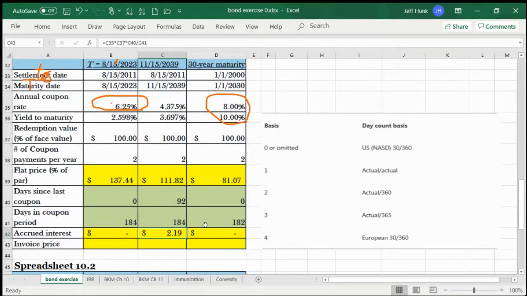No, $21.90, and that belongs to the seller who sold the bond to you, right? So that's the accrued interest.